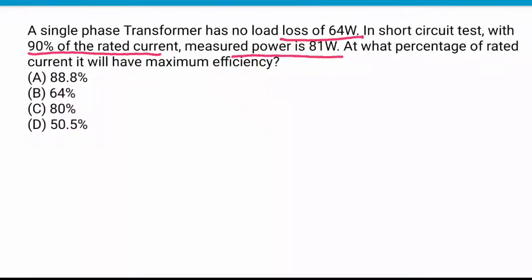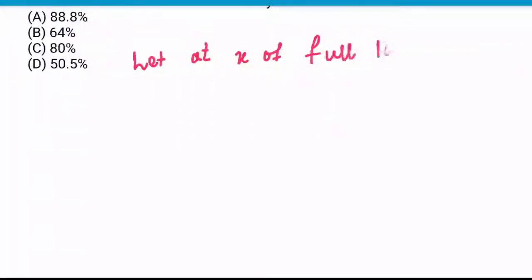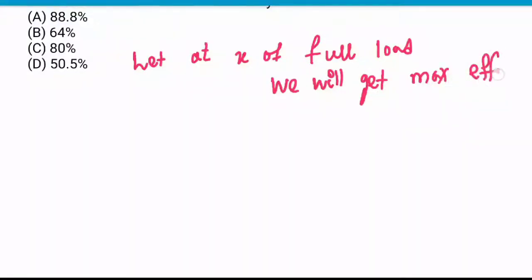This is an interesting question. First we have to consider, let me consider, at x of full load, suppose at x of full load we will get maximum efficiency.